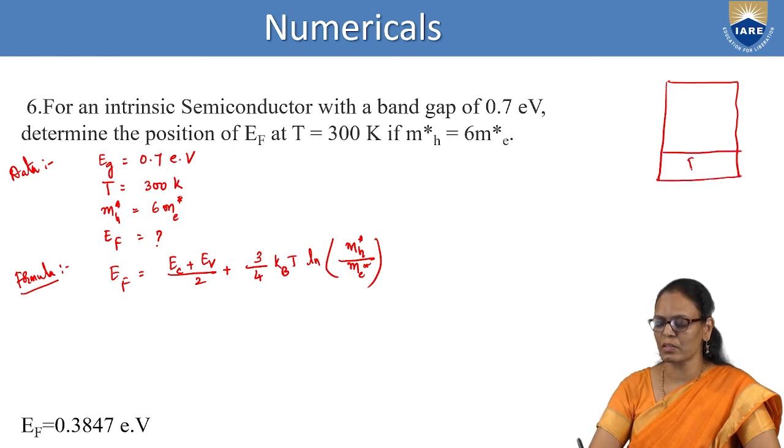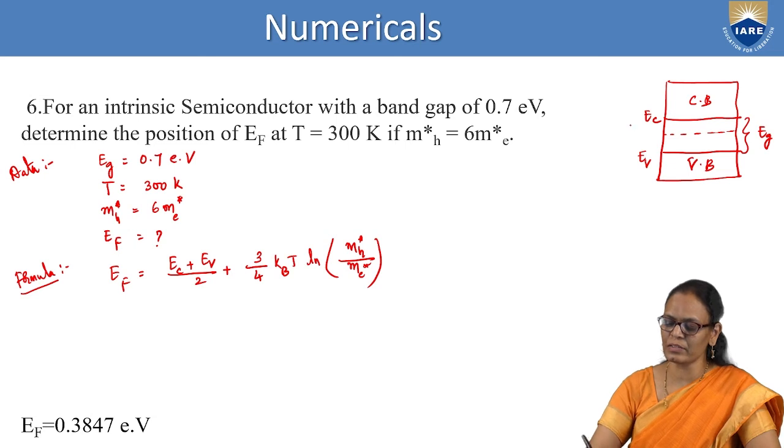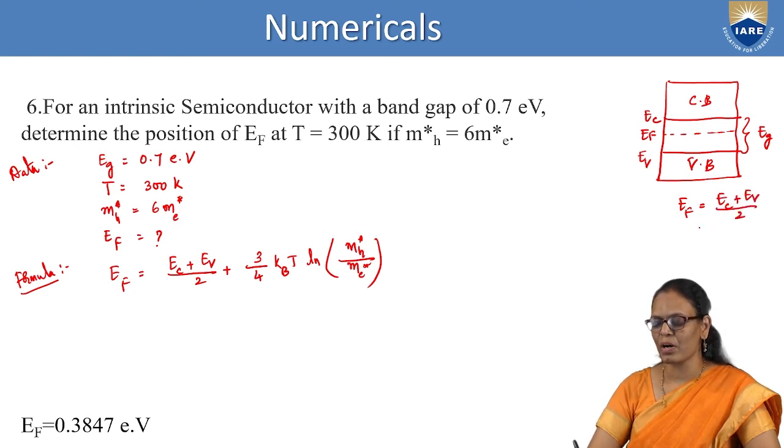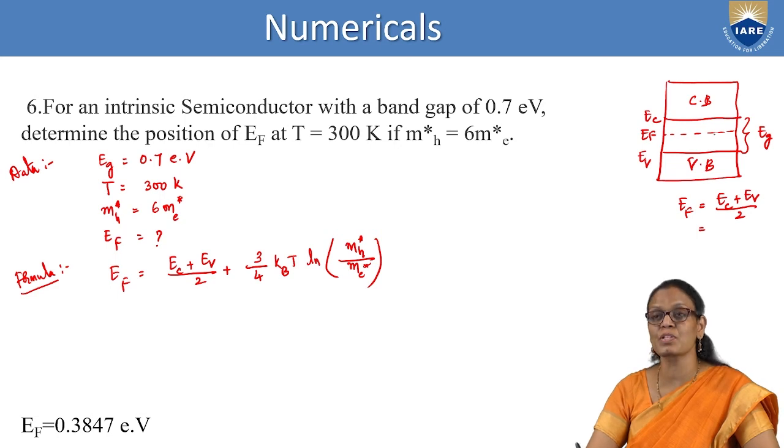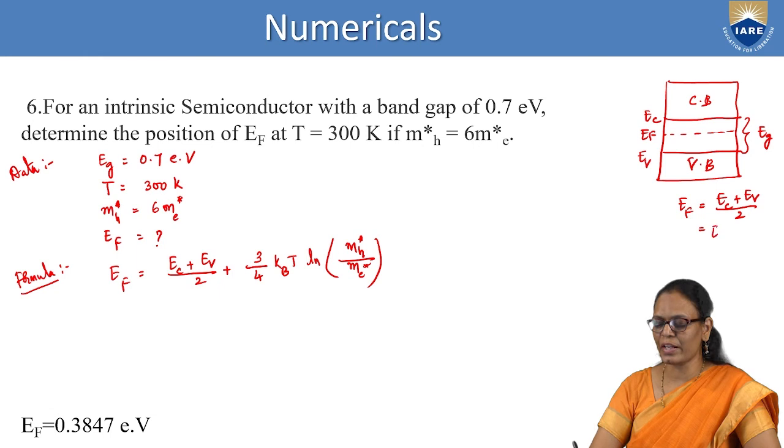This is the valence band. This is the conduction band. EC, EV. This is EG. The Fermi level lies exactly here. EF, where EF is equal to (EC plus EV) by 2. Or if I have to write the position of this, it is above EV. So we can write it as EV plus EG by 2 also.